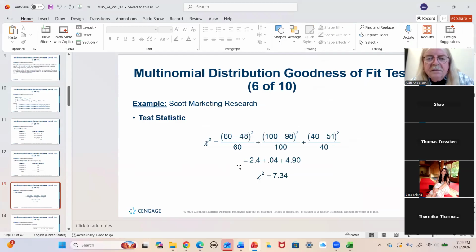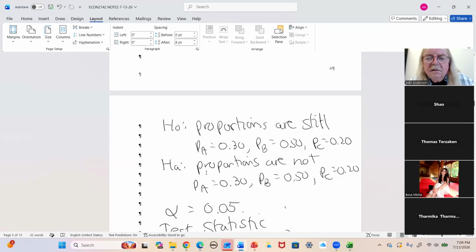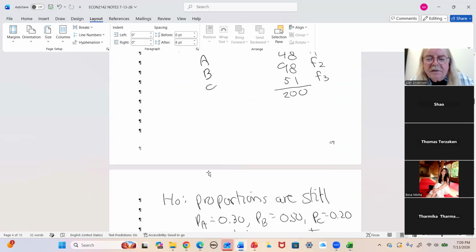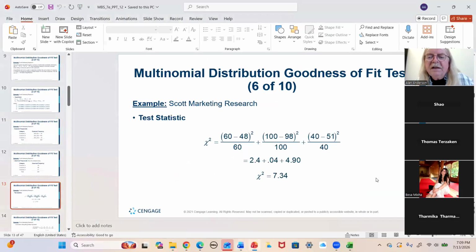The second one is, oh, wait a minute. Yeah, there's two typos in there. This one is 98 minus 100. That's still 4 over 100. But this last one, 11 squared over 40, yeah, that's 3.025. Now they goofed. It's not 7.3. It's this number here.